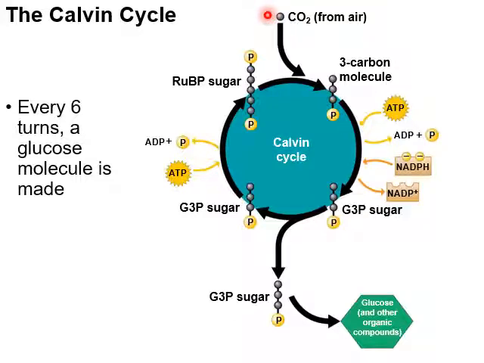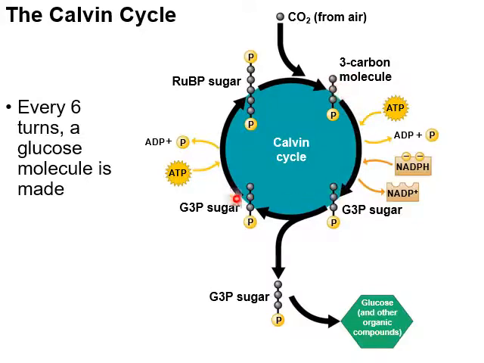Say we're talking about a factory that makes windows. This is like the glass that is melted and shaped into a window. And the ATP and the NADPH is like the electricity that allows that factory to operate, that allows it to run. So what happens is carbon dioxide comes in and it goes through this cycle.